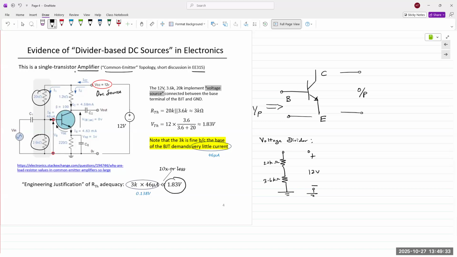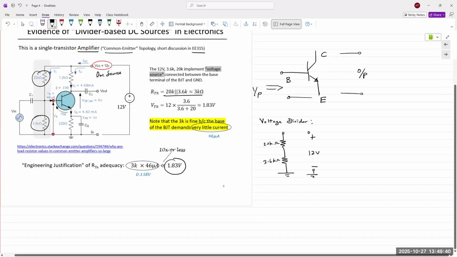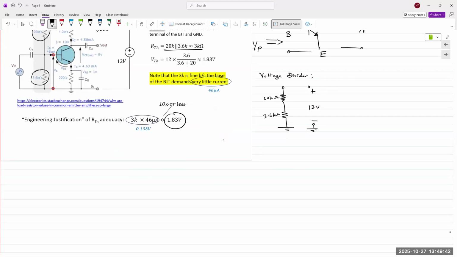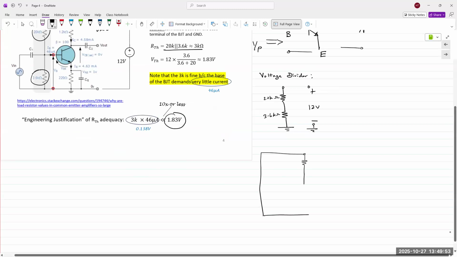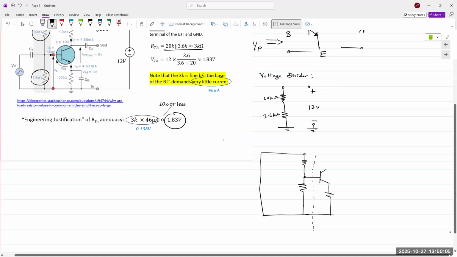Thevenin resistance can be determined on the input side, because for Thevenin resistance, what do we do? We short out the voltage source, which then goes to ground, right? So we are trying to find the Thevenin circuit between these 2 points.